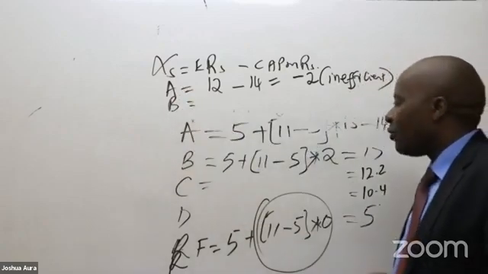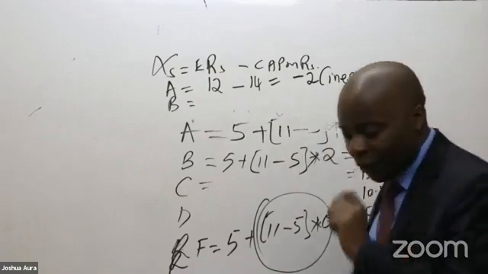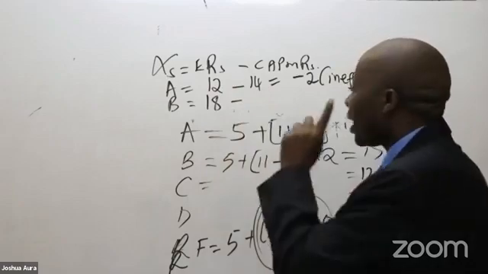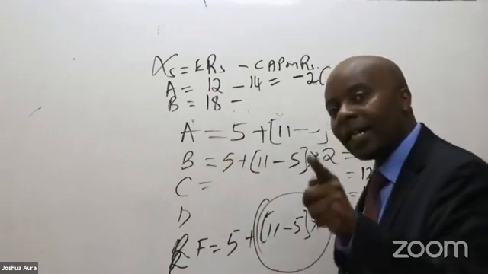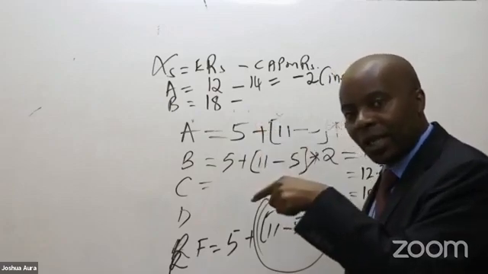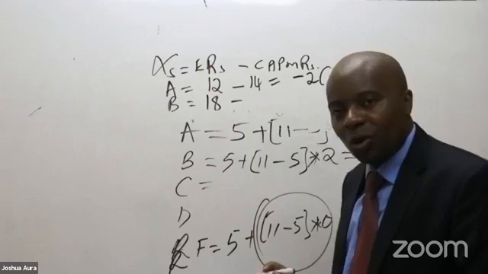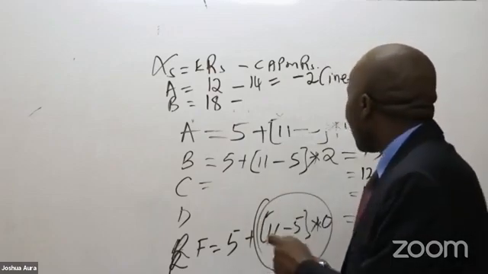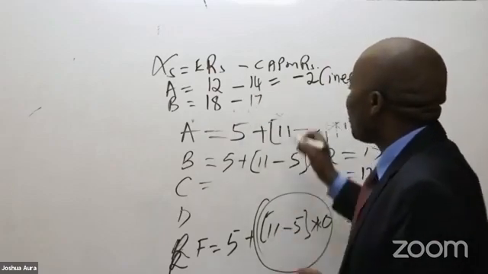So please go to B. What do we have here under B? Ladies and gentlemen, for B, I will take the return that I'm getting from B, which is 18. So 18 minus the CAPM returns. Remember, CAPM returns are basically the returns which will be paid to your investors. This is exactly equal to the cost of capital. So 18 minus the CAPM returns of B, which are 17, gives me 1.